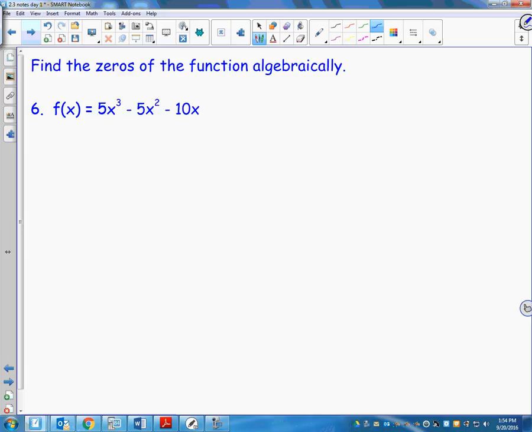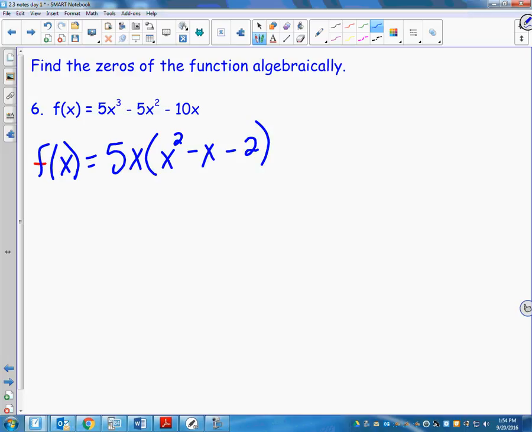I know I put at least one of these on the homework that says find the zeros of the function algebraically, which means you should be able to factor this. So what could you factor out of this? I could take out 5x, and I would be left with x squared minus x minus 2.